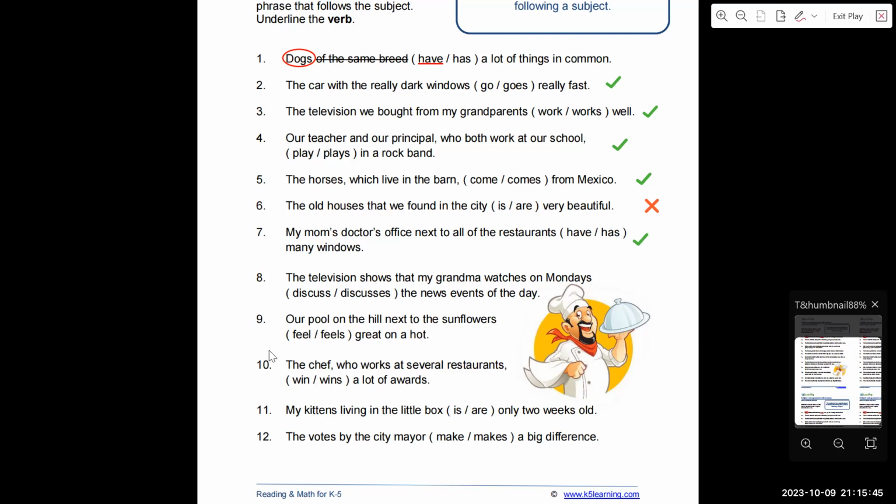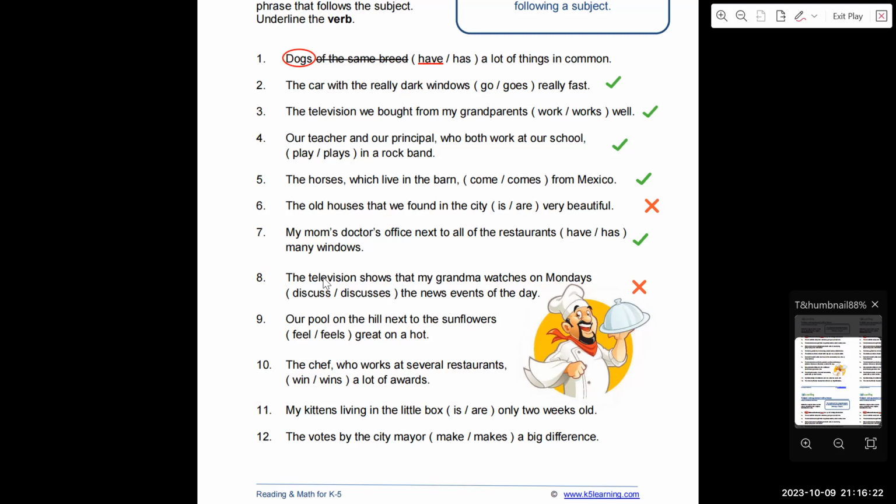Continue. 8. And the television shows that my grandma watched on Monday discusses the news events of the day. Okay, so your answer is discusses. The correct answer there is discuss. Why? What is the subject?